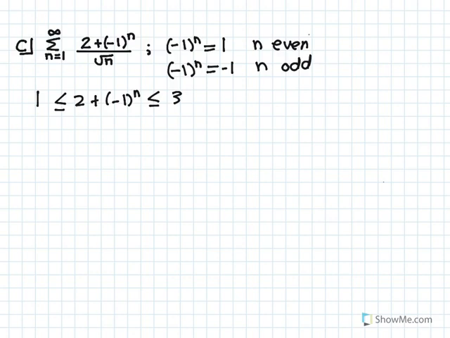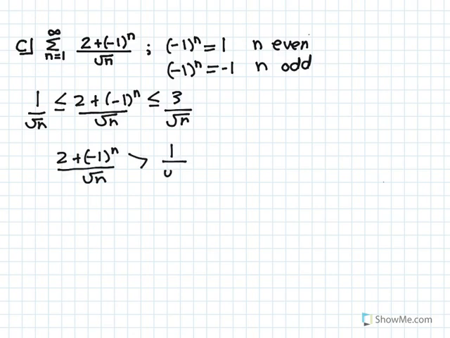All right, now let's divide everything by root n. So the given terms of our series, (2 plus negative 1 to the n) divided by root n, is larger than 1 over root n.